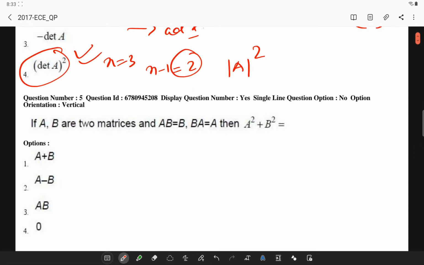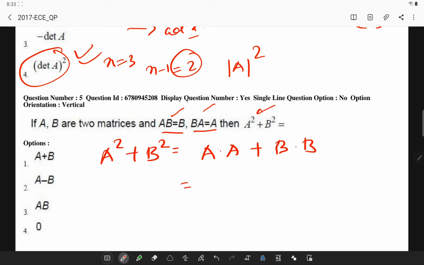If you have two matrices A and B such that AB is B and BA is A, then what is the value of A square plus B square? So A square plus B square, I can simply split it as A into A plus B into B. Now we will substitute the given values. So A into BA, and here we have B into AB.